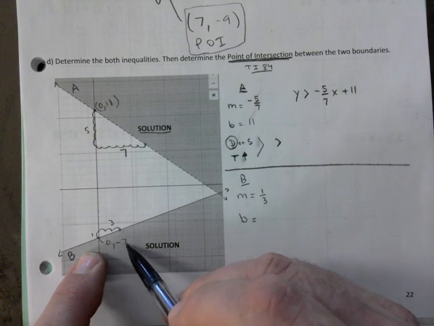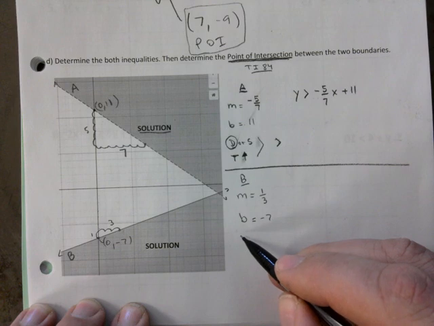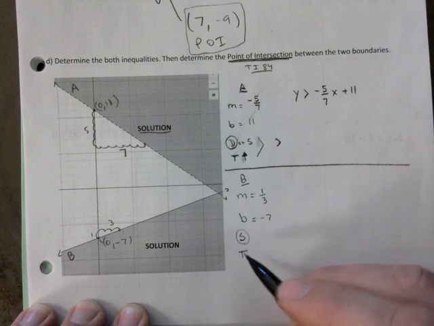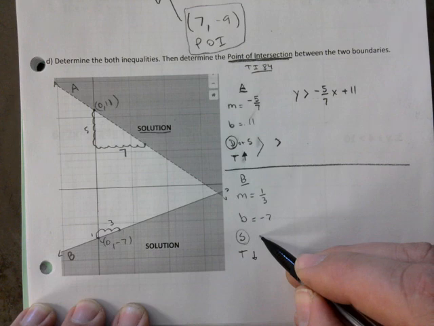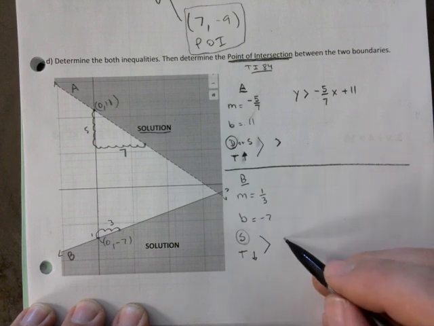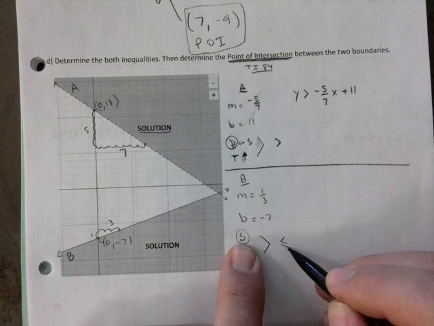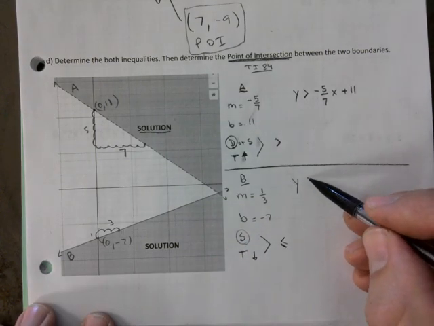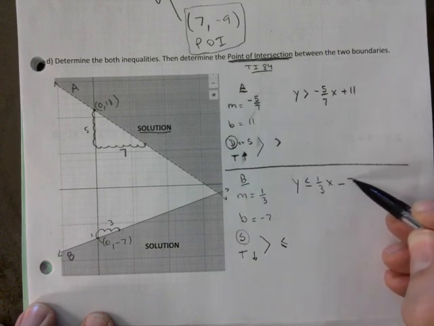This is 0, -7. So B is -7. It's solid, right? The true region is where? Compared to this line, it's below, right? So from these two, you can conclude that it's going to be less than or equal to because of the solid part. So this is y is less than or equal to 1/3 x minus 7.